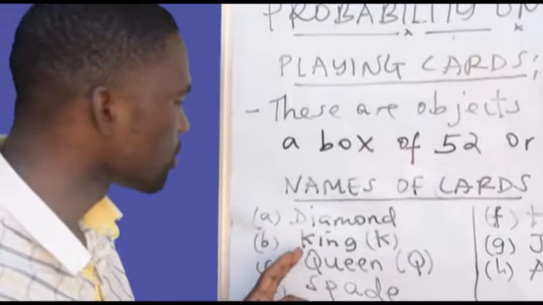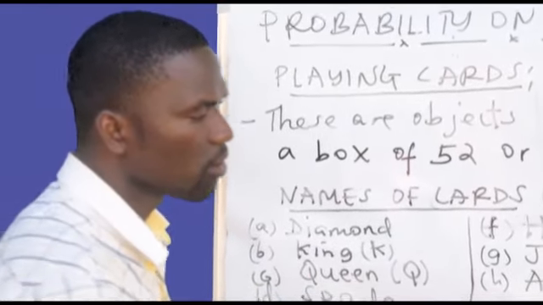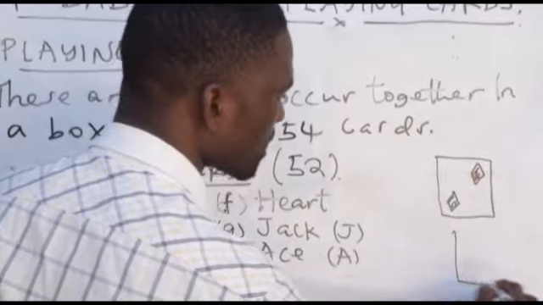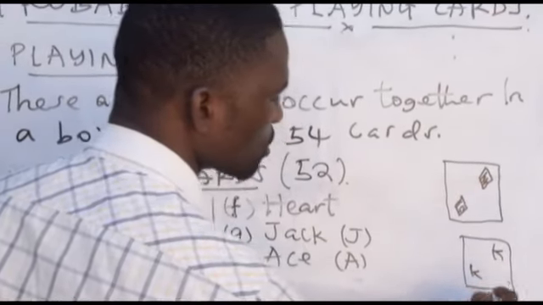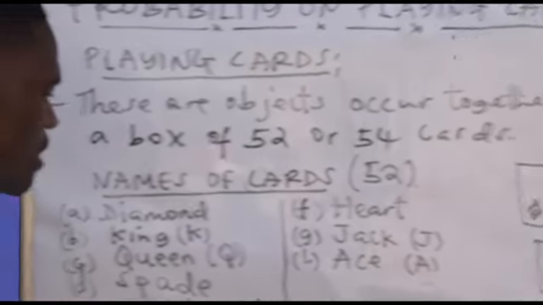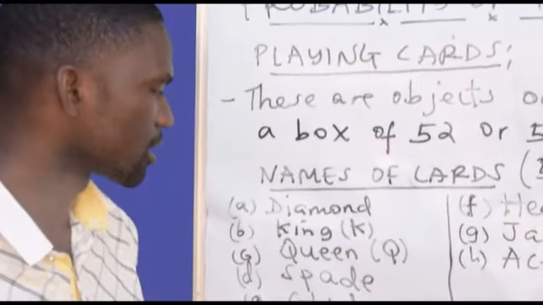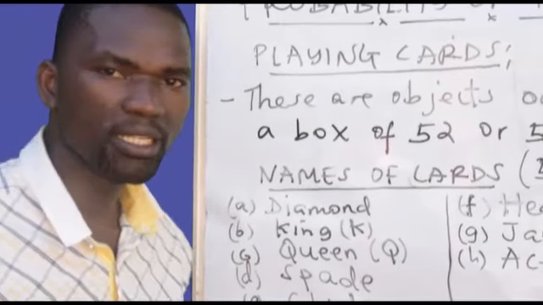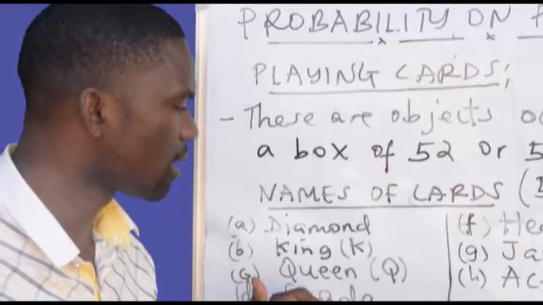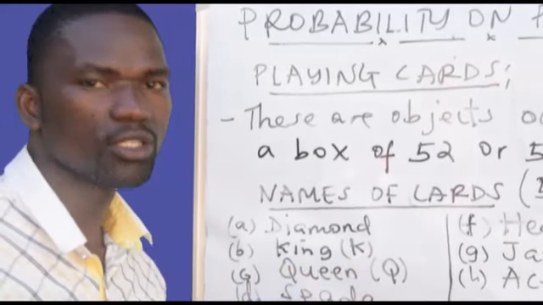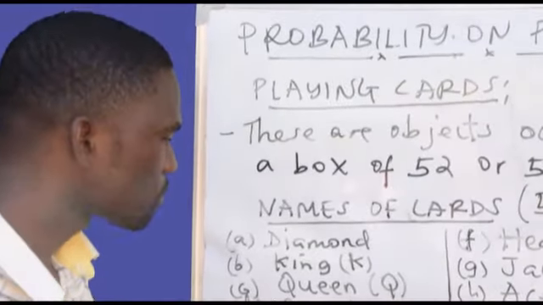Another card is called king card. This king card is always a card with the letter K. So it is a card specified by having a letter K. If you are familiar with playing cards, any card you might pick which is lettered K is always going to be called a king card.